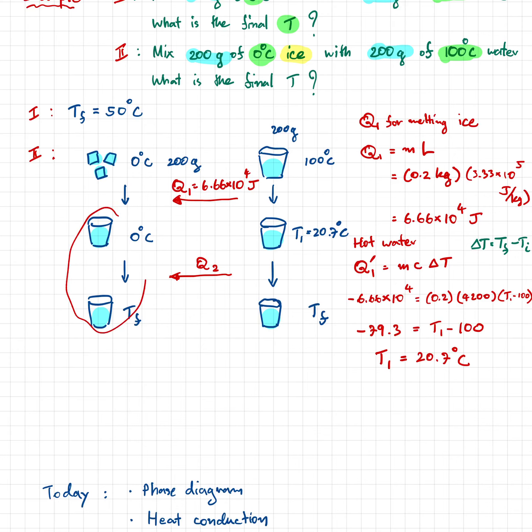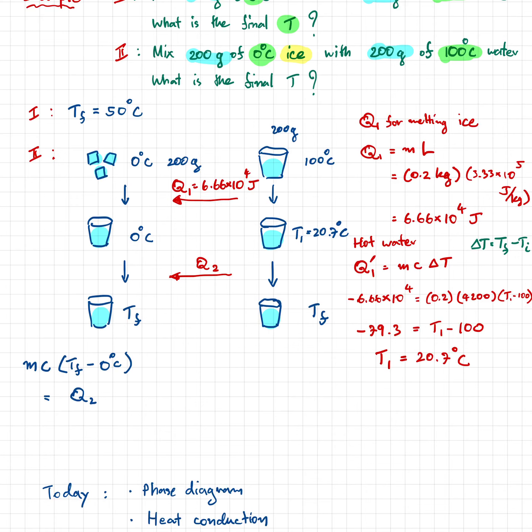From the point of view of the left-hand side, it gains energy, so we're going to have an equation that looks like this: mc delta T, where delta T is TF minus 0 degrees Celsius for the left-hand side, equal to Q2.